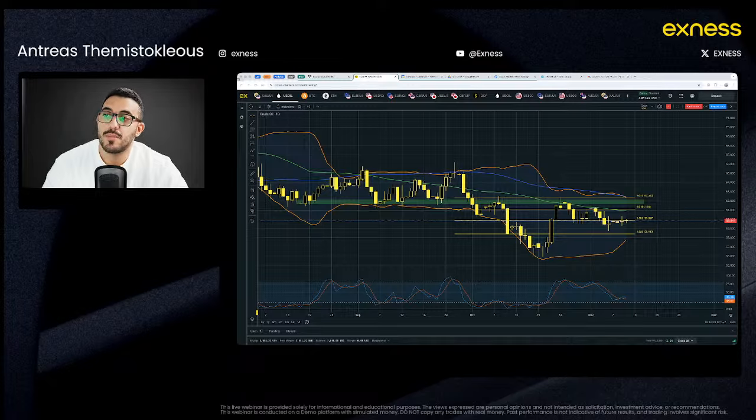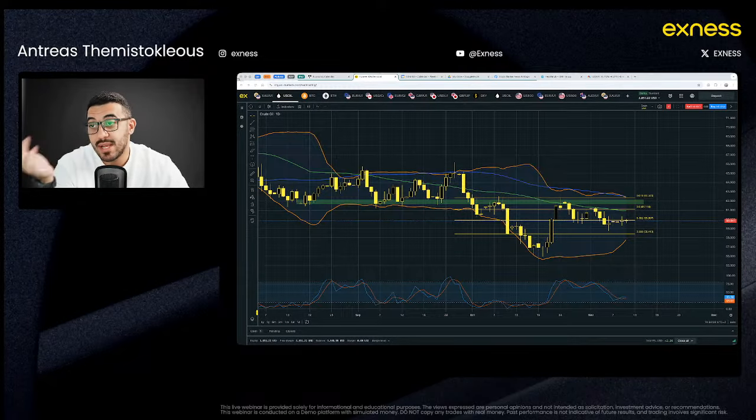And here are the probabilities of keeping 3.75 to 4% or cutting to 3.5 to 3.75, right? So we see that the probabilities lean towards the Fed cutting the rates on their next meeting on the 10th of December.